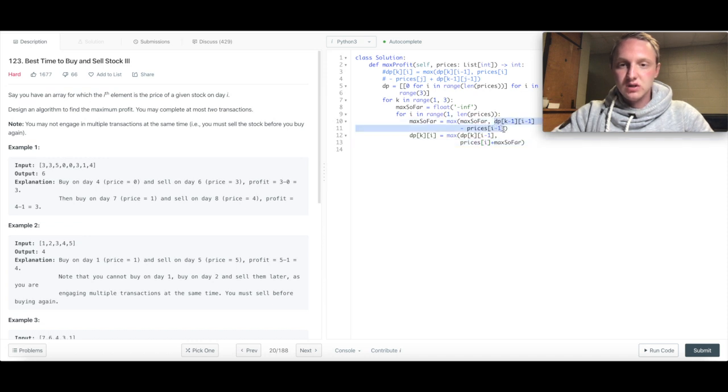And that would give us our actual formula.